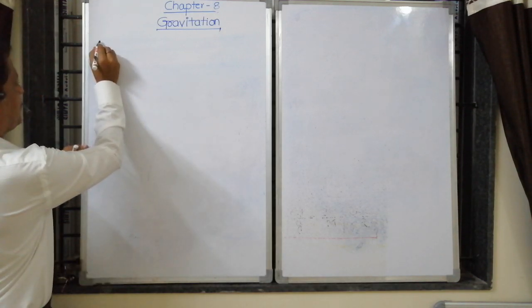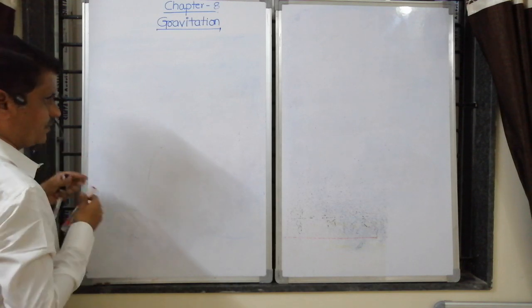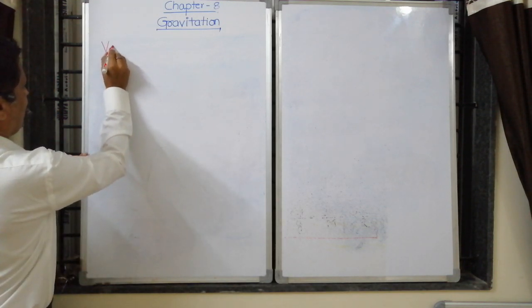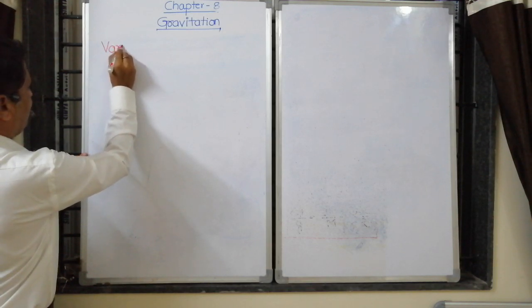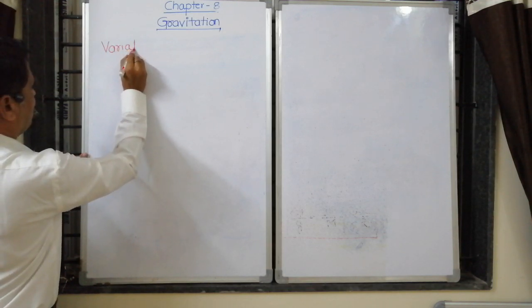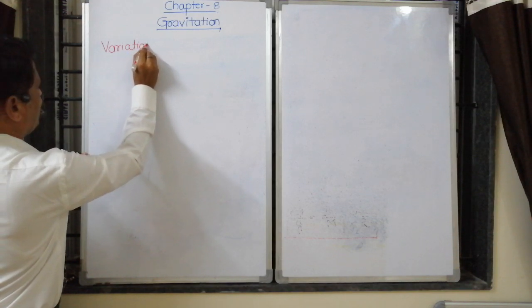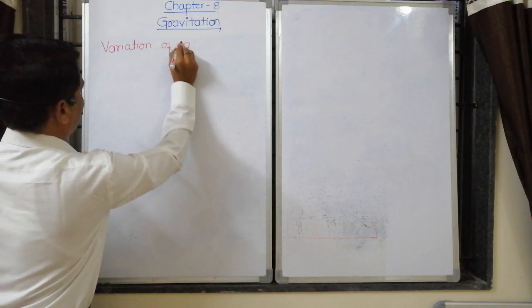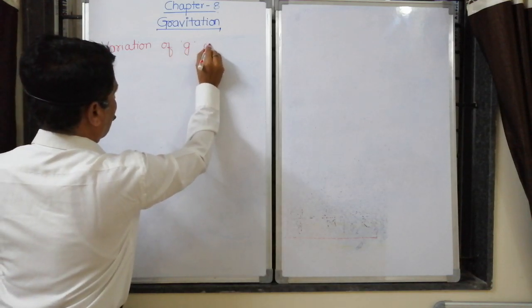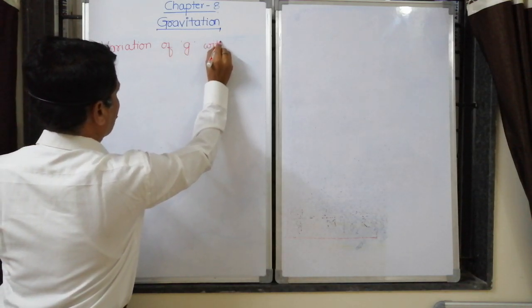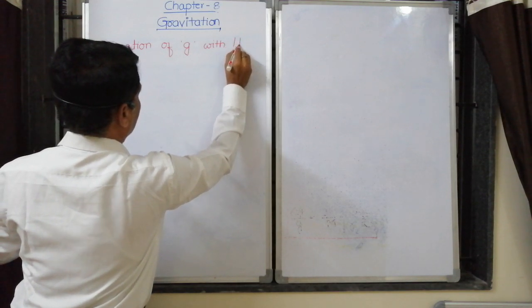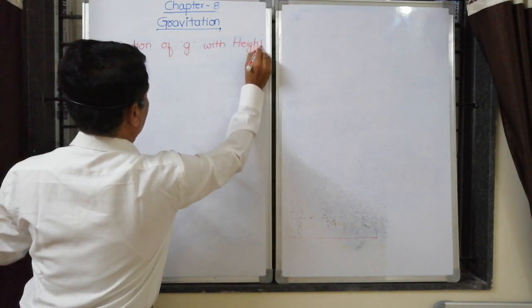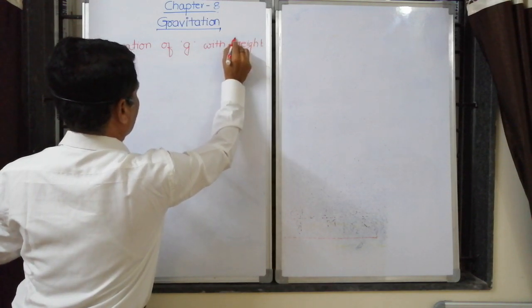So first I'll try to take variation of g with, we can say, altitude or height.